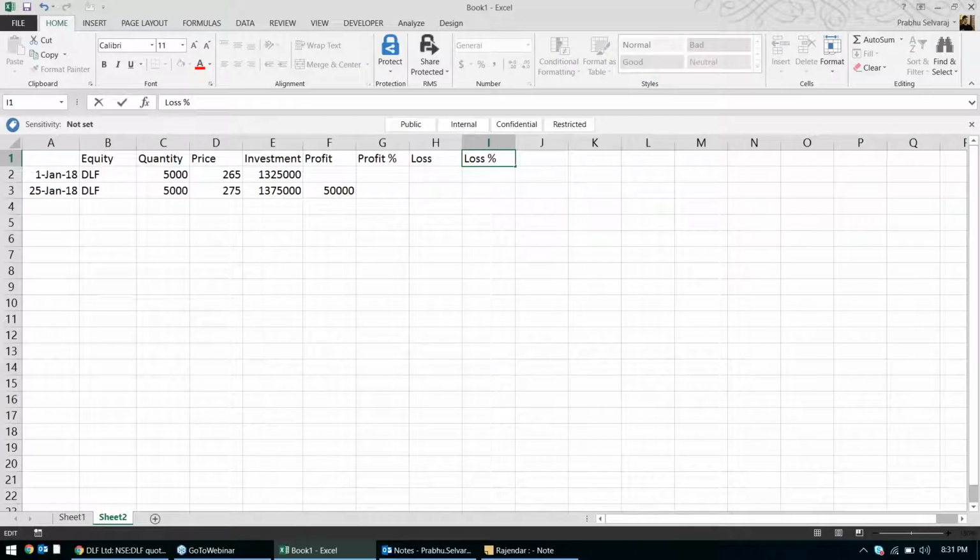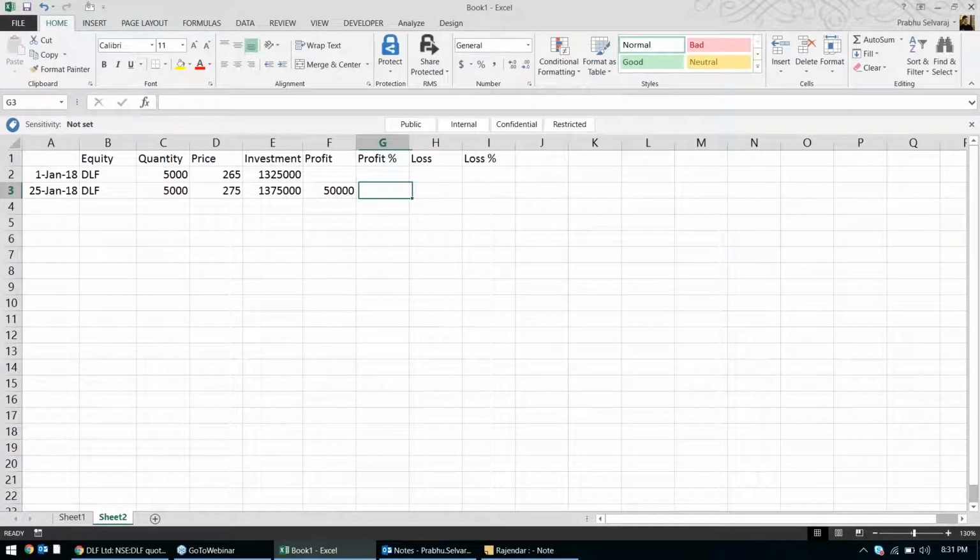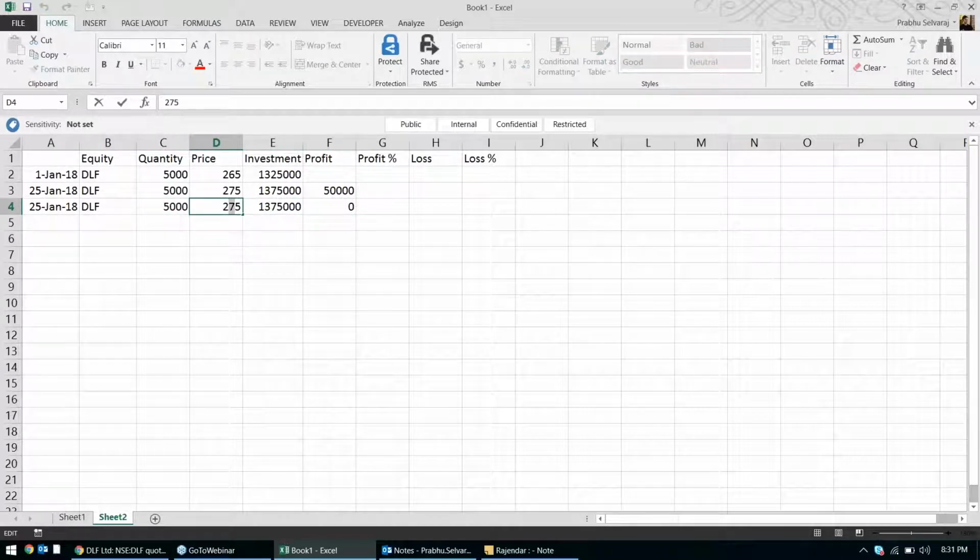Profit percentage, loss percentage. Okay, so by the end of January, DLF has gone up by this much, so you got a profit of so much. If the stock has gone down by 10 rupees, 265 has become 255, you're making a loss of 50,000.